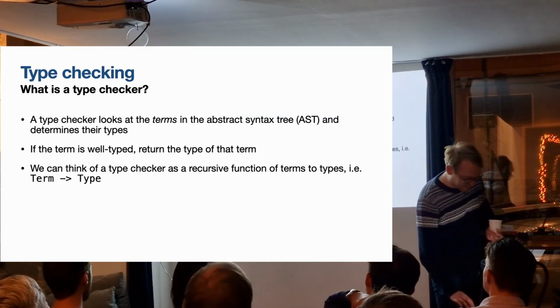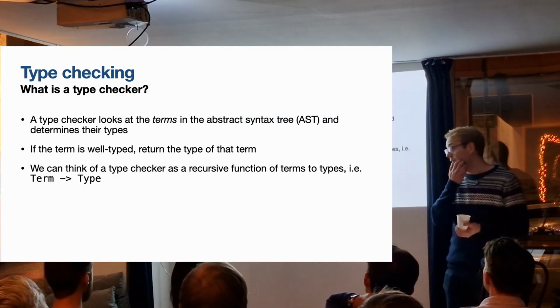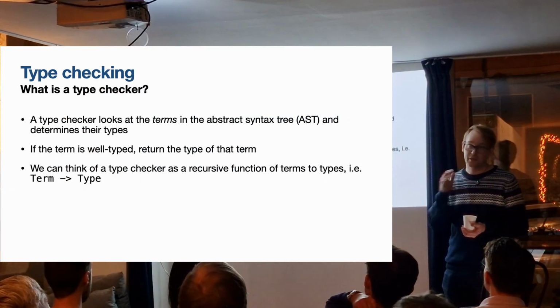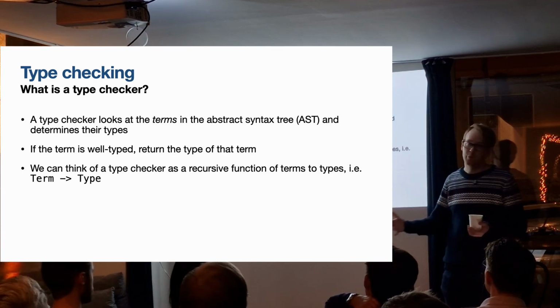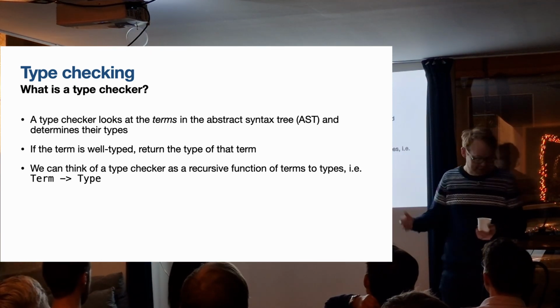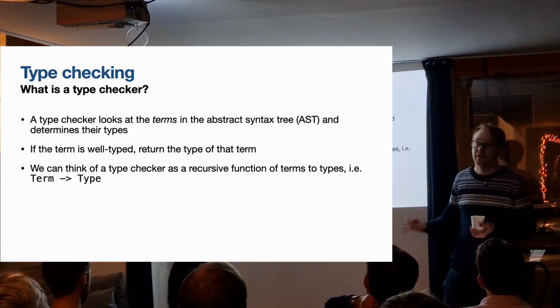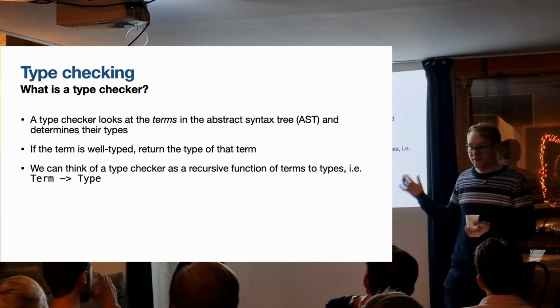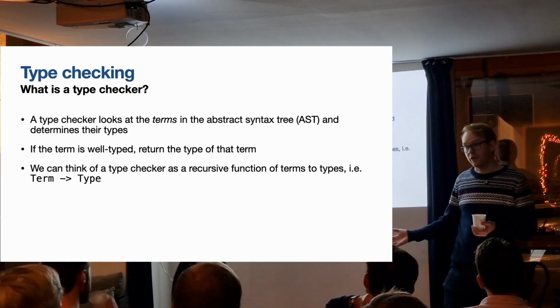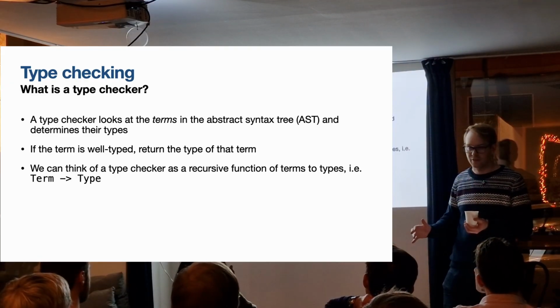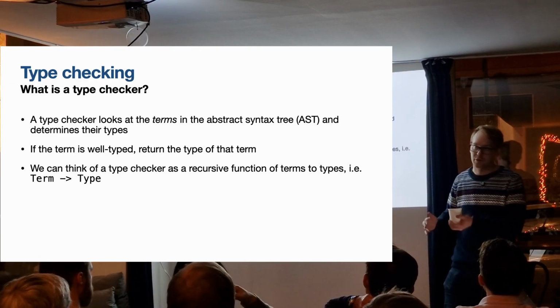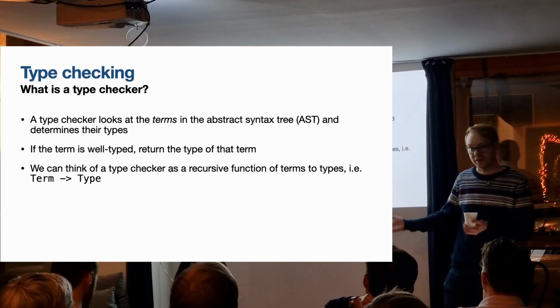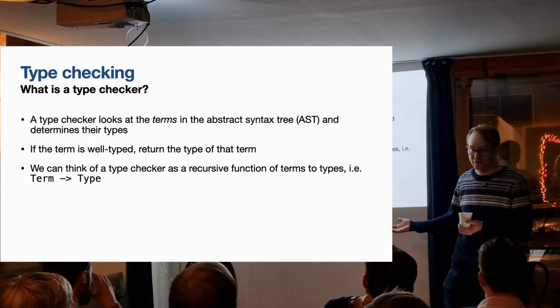But yes, let's get started. So today we're going to talk about type checking, but just some quick preliminaries. What is a type checker? So in short, what the type checker does is that it looks at the terms in the abstract syntax tree. This is what you get the step after parsing code in your language.